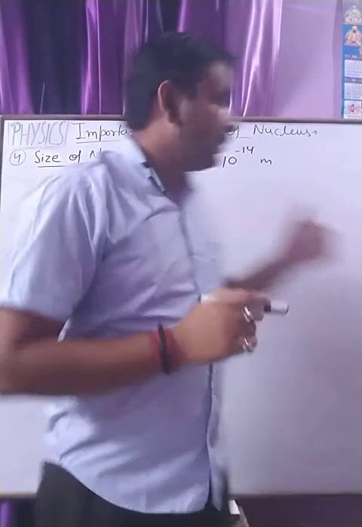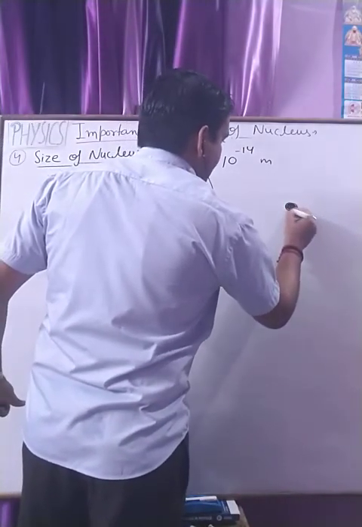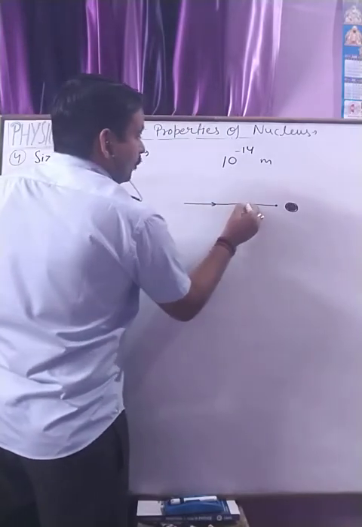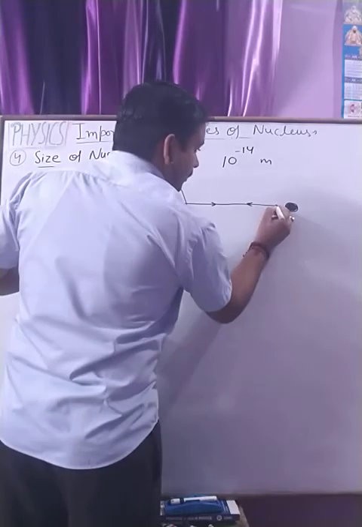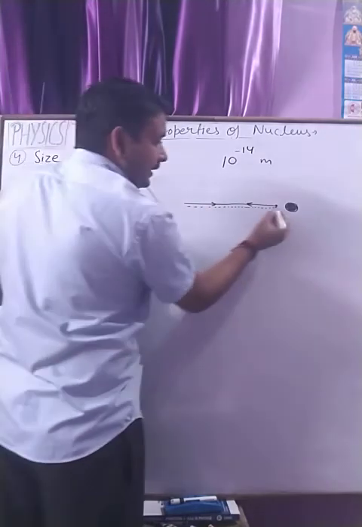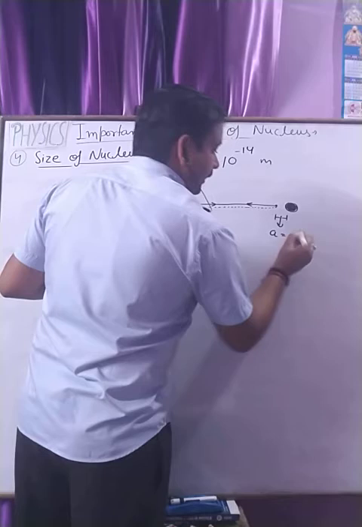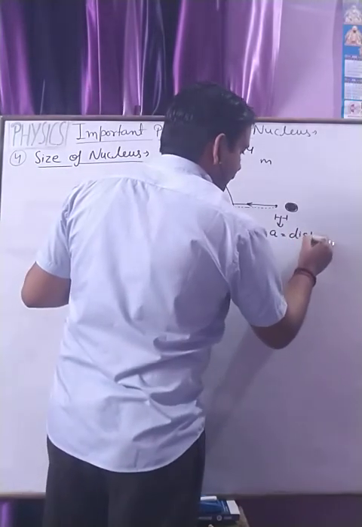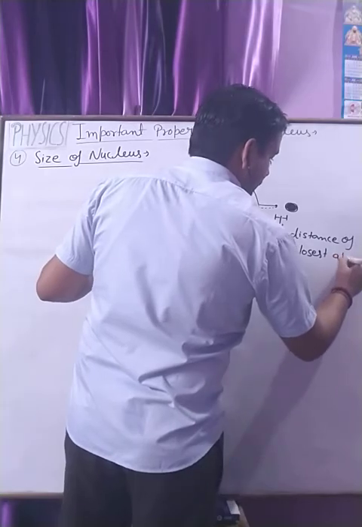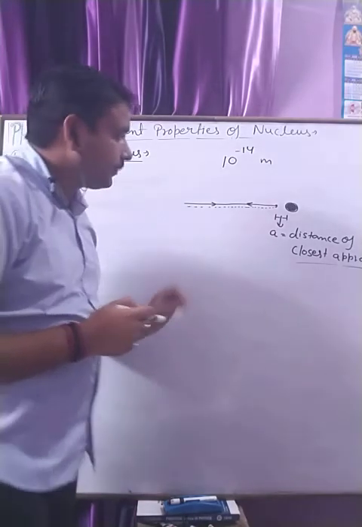So on the basis of the distance of closest approach, which we discussed in previous lectures, if a particle is moving, reaches this point, and moves back along the same path, then this distance is called A, the distance of closest approach. Rutherford calculated this after the alpha particle experiment.